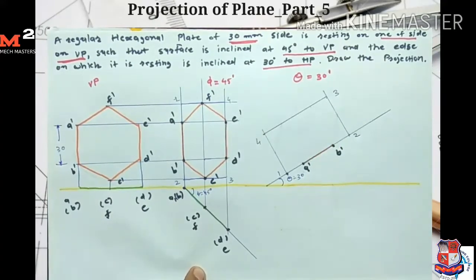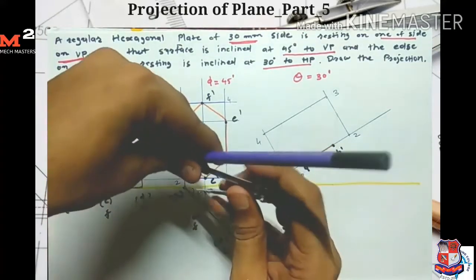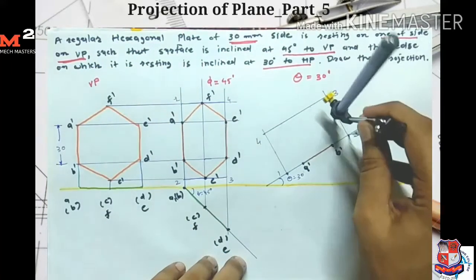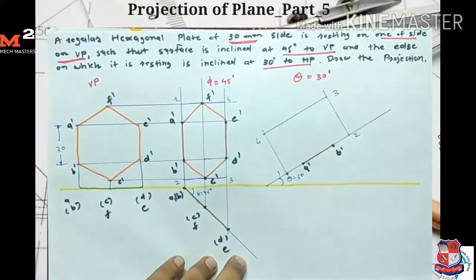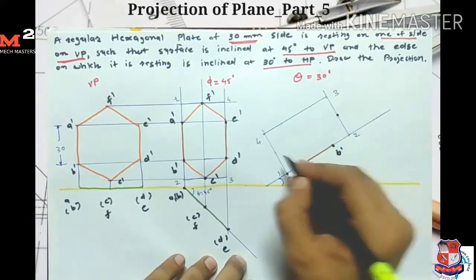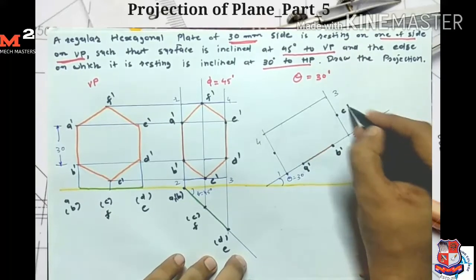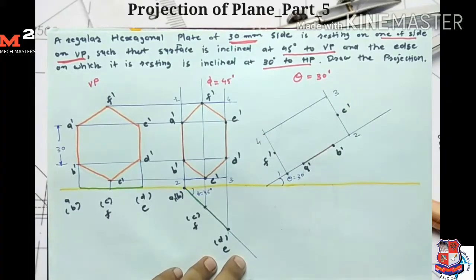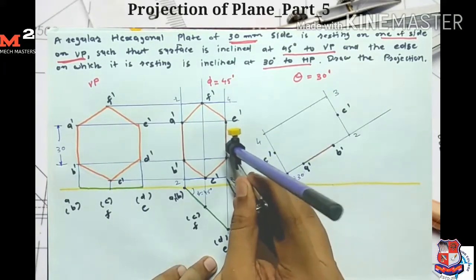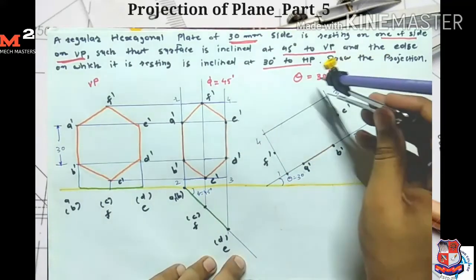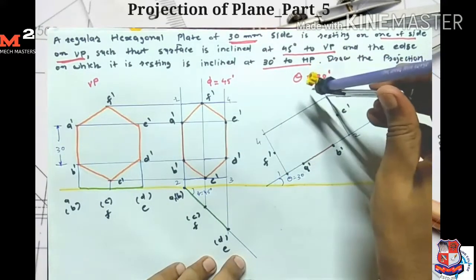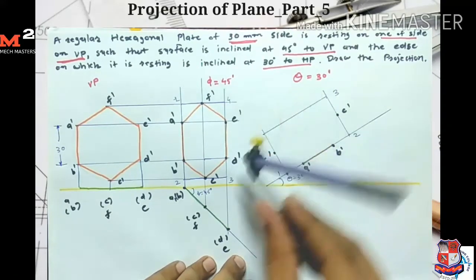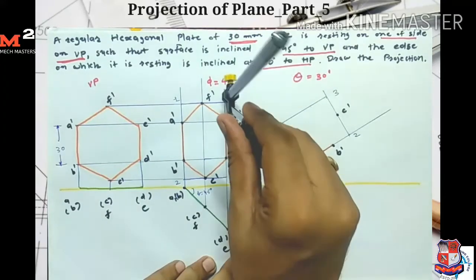Now for point C dash I measure the distance C dash 2, and from point 2 I draw one arc here and one arc here. So here I get my two points, one here and one here, C dash and F dash. Now for points D dash and E dash I measure the distance 3 D dash, and from point 3 I draw one arc here, and from point 4 I draw one arc here, because 3 D dash and 4 E dash are the same.